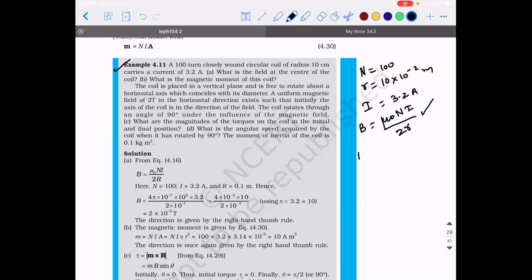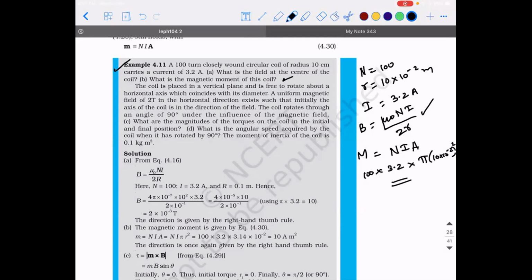Just now I told you: N into I into A. So 100 into I, which is 3.2, into area, which is pi r square, where r is 10 into 10 power minus 2, the whole square. Okay, so this is the magnetic moment.